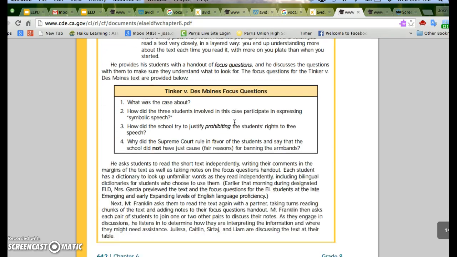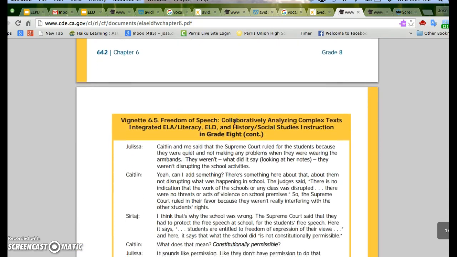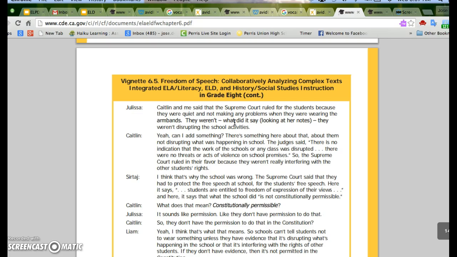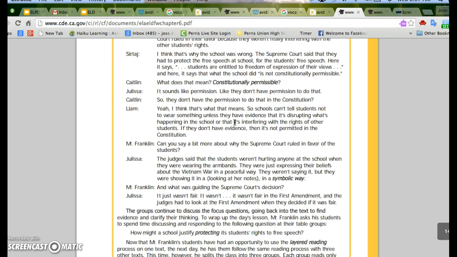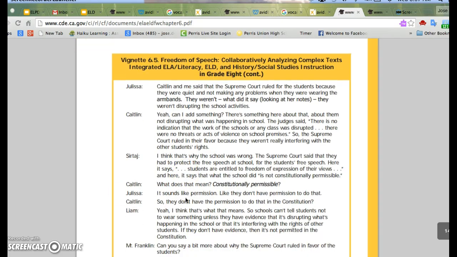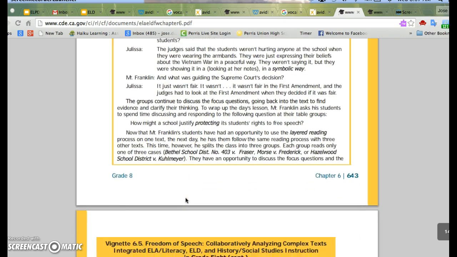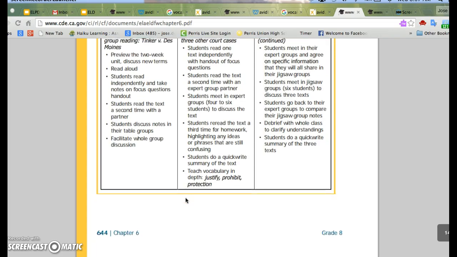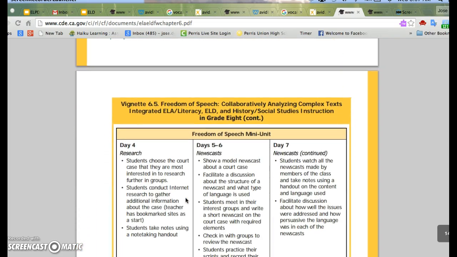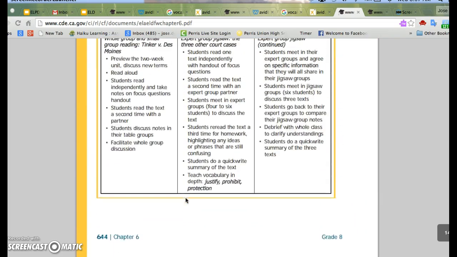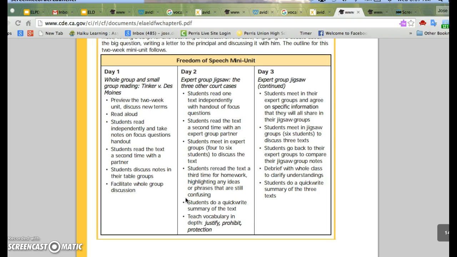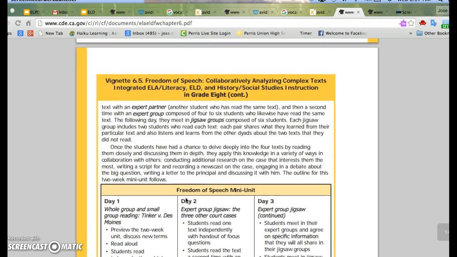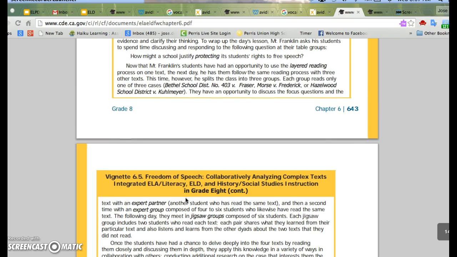So you can take a look at these lesson samples and use them for your ELs. When you do look at these vignettes, you'll realize that a lot of the things that you do in your classroom are EL focused. So you'll see that you're already implementing all these EL standards into your lessons.